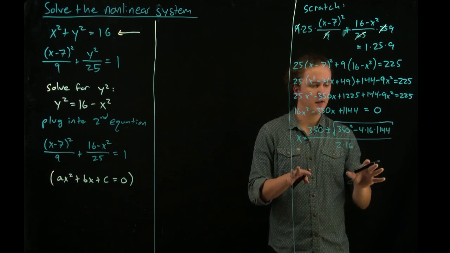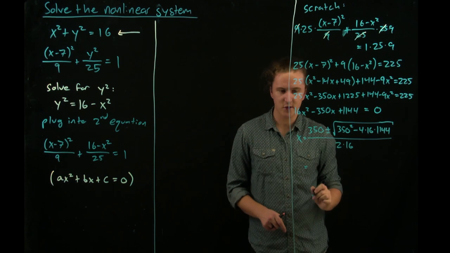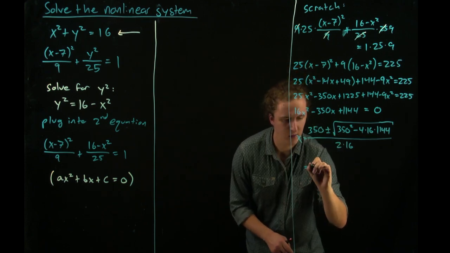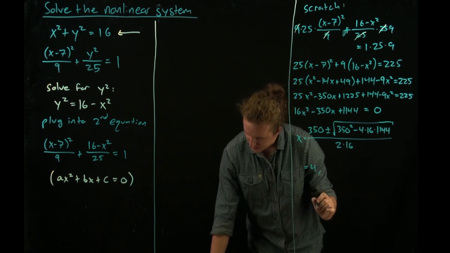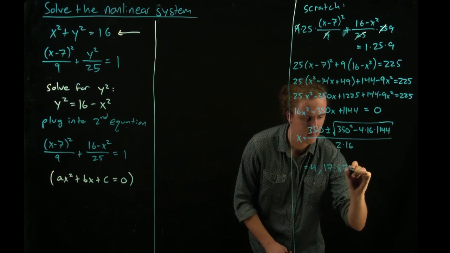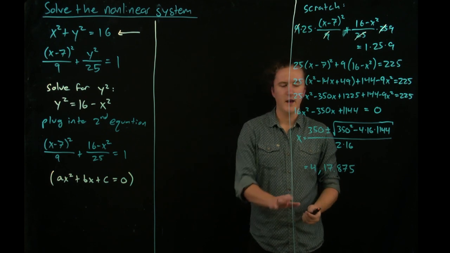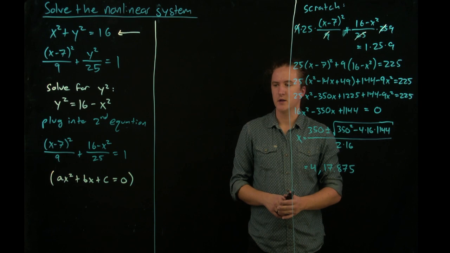Now in the spirit of saving time, you can just plug this into your calculator, and the two solutions you get, because we get one for plus and one for minus, are: when it is minus we get 4, and when it is plus we get 17.875. So we would like to take these, plug them both in, and see what values for y they get us.